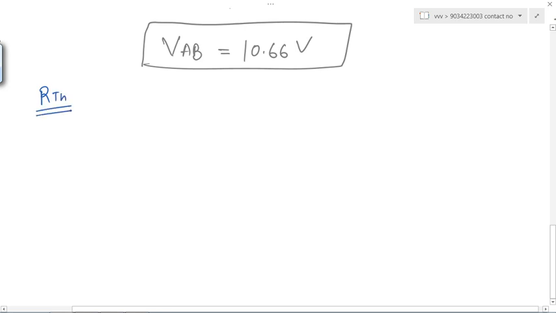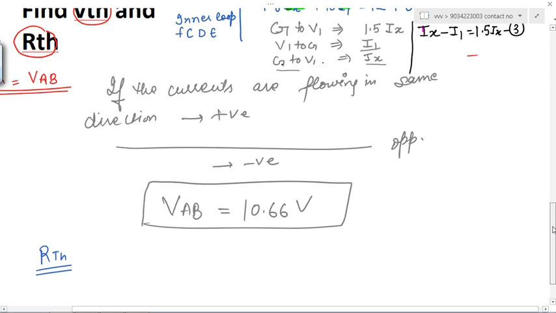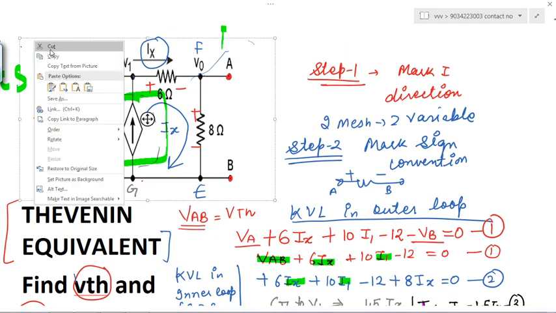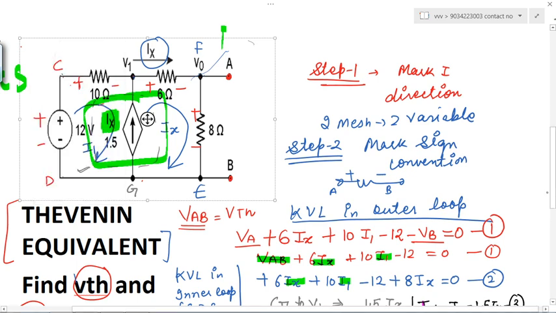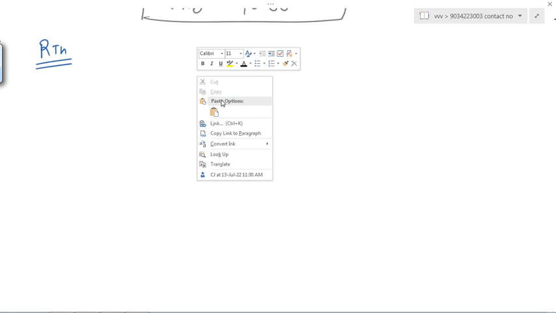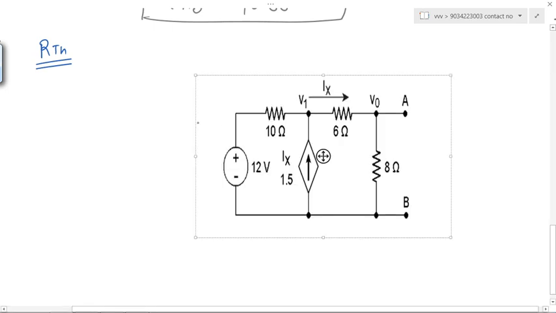How can we calculate RTH? For solving RTH, we need to apply a test source. How can we apply a test source? We have calculated the voltage, but now we need to calculate RTH. So for calculation of RTH, we need to follow steps.